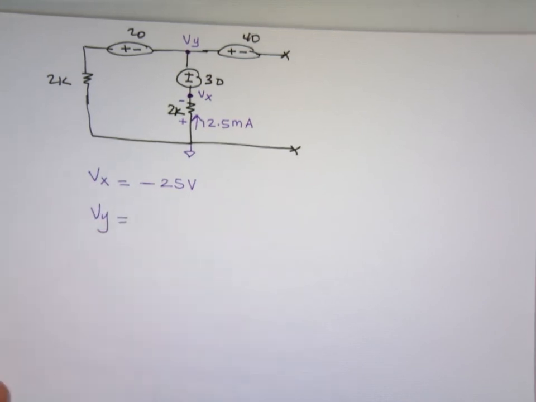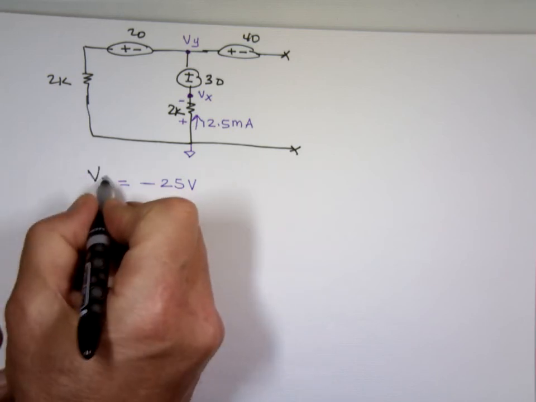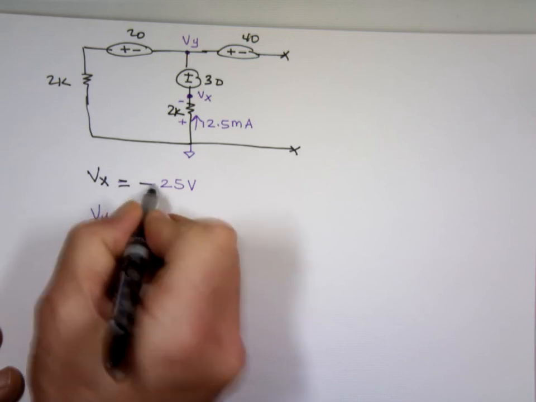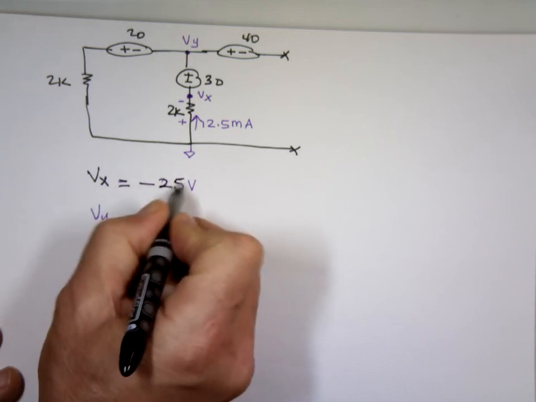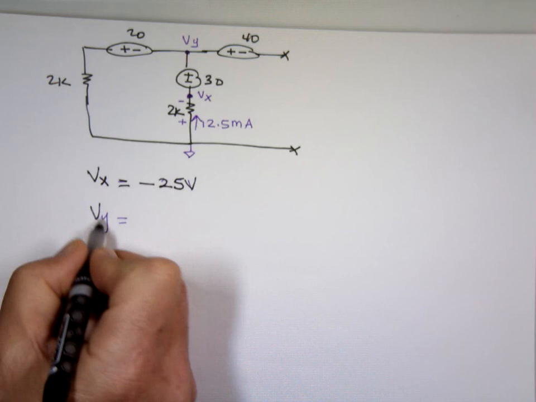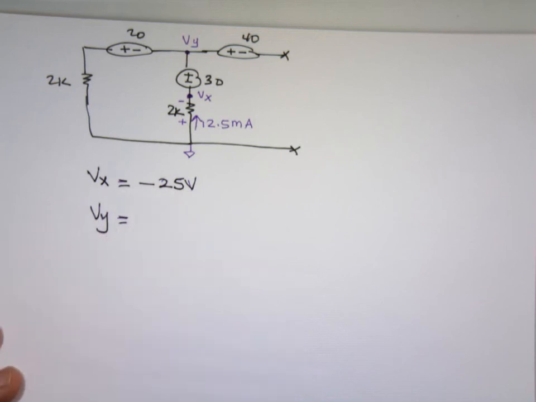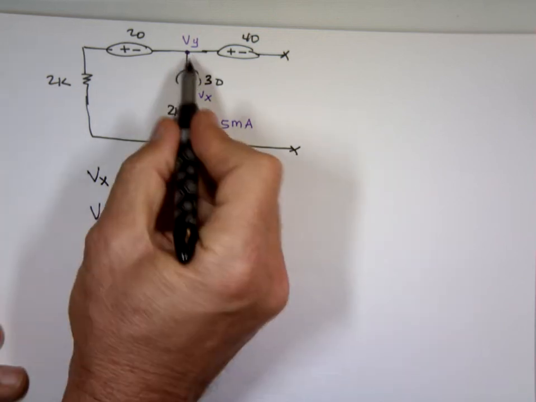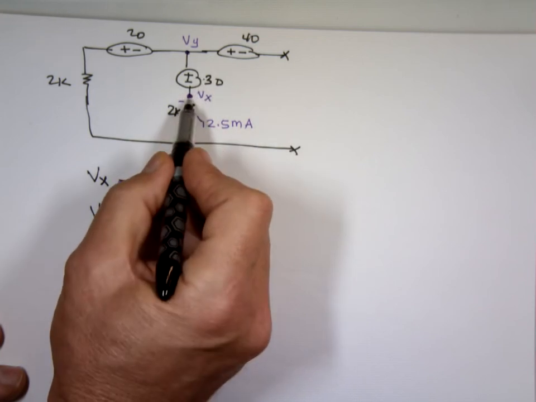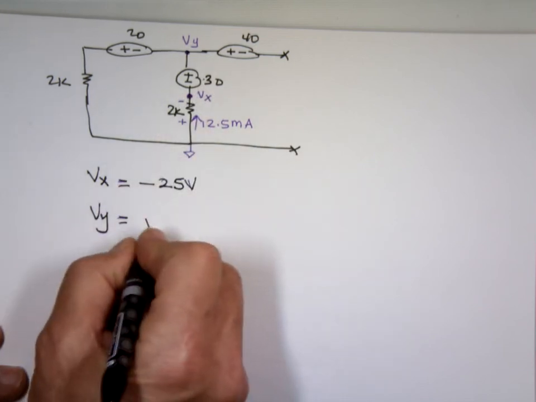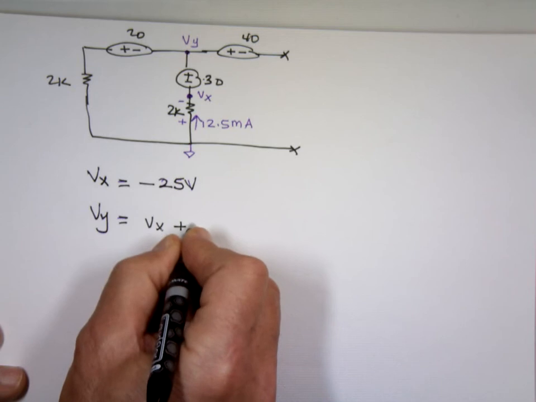Vy now. Vy is going to be what? 5 volts. This end is going to be 30 volts higher than that end. So it's going to be Vx plus 30.